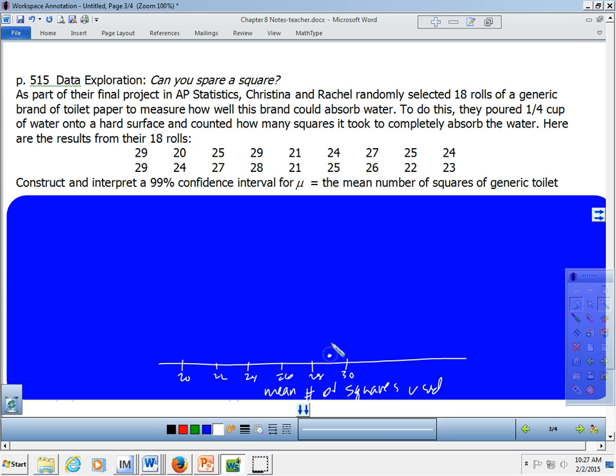We've got 2 at 29, 20, 24, 25, 27, 29 again, 28, 22, 21s, a 24, a 25 again, 27, 26, 25, 22, let's see, 24, and 23.